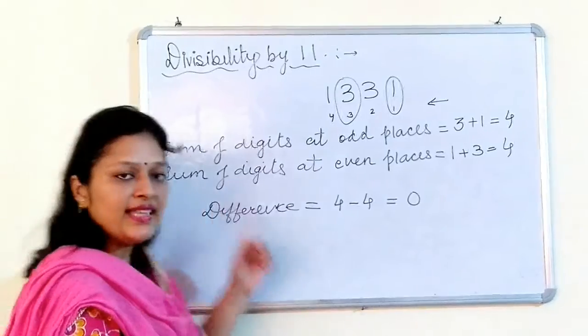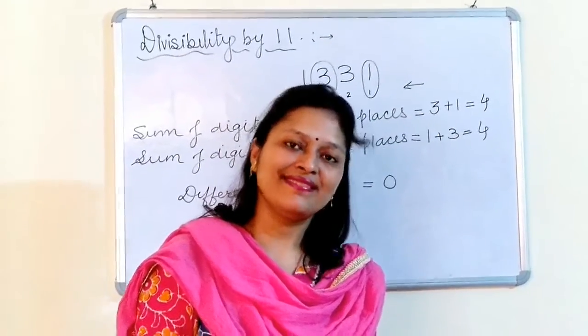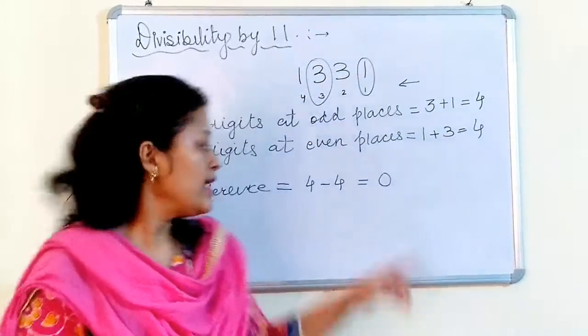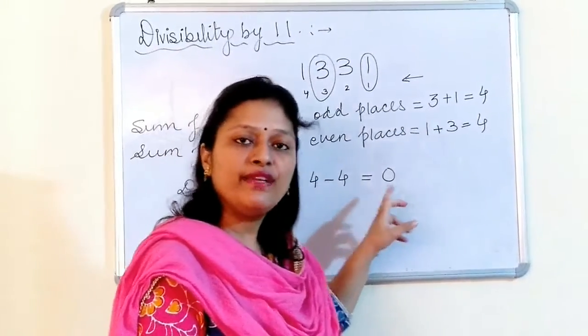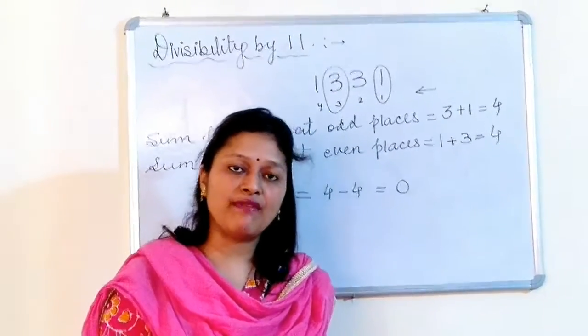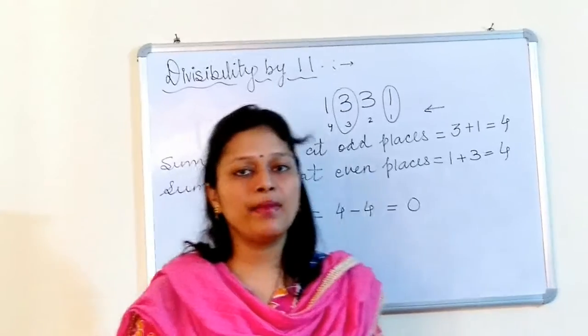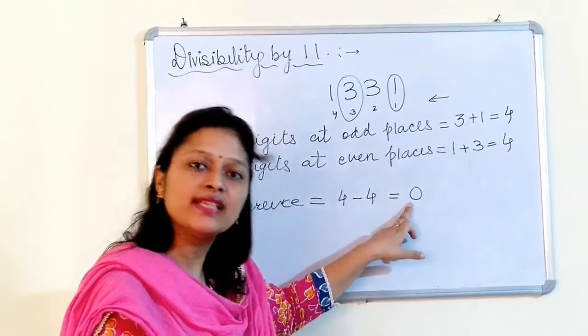Now, is the number divisible by 11 or not? Yes, it is, because the difference is 0. I told you now, if the difference comes to be 0 or a multiple of 11, then you can say the number is divisible by 11. So, we have obtained the difference 0.